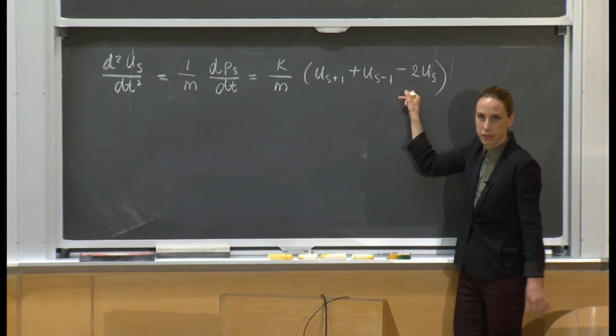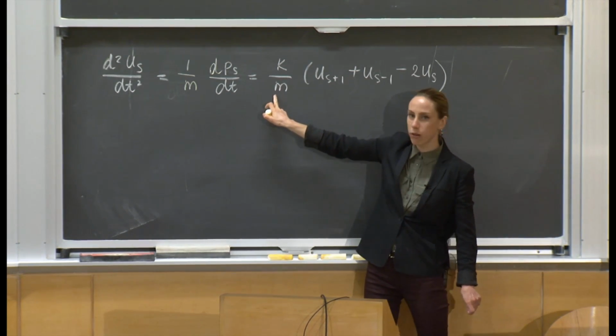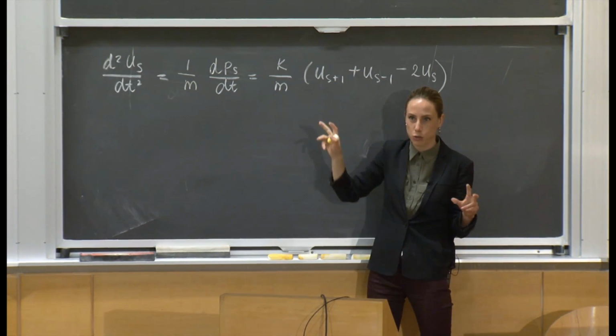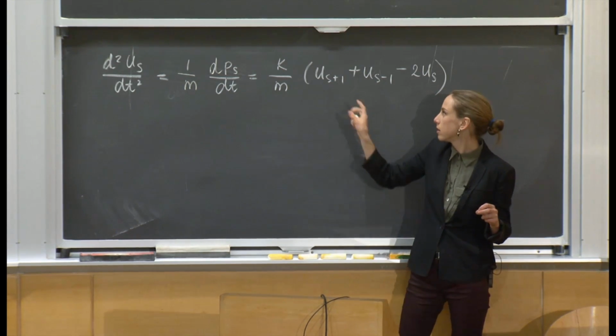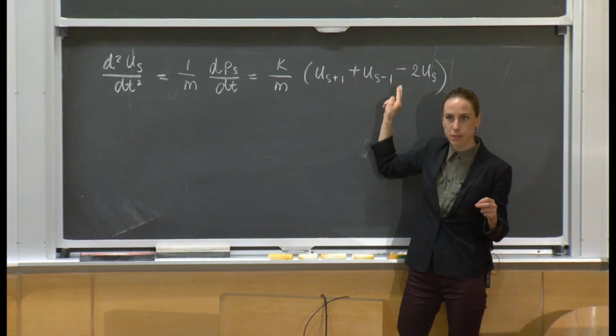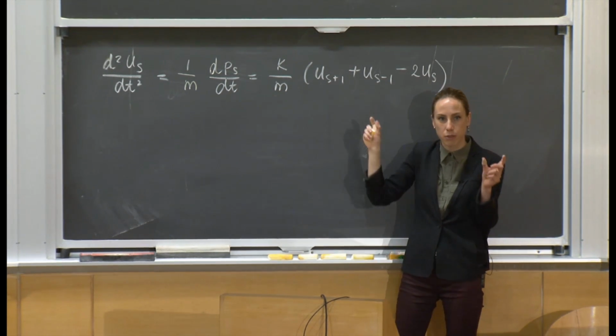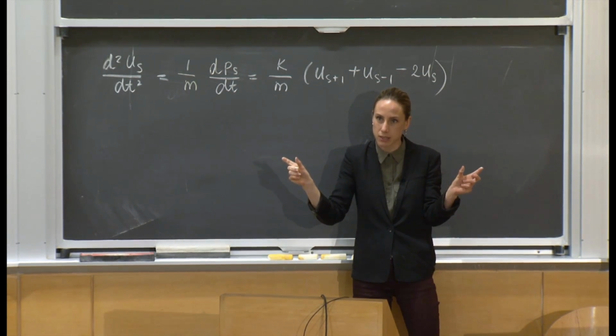We have a linear term on the other side with a minus sign. This k over m looks like it should be some sort of frequency squared, but we have these 2 guys sitting here. This displacement is not independent from the displacement of neighbors, because we now have all those atoms connected.